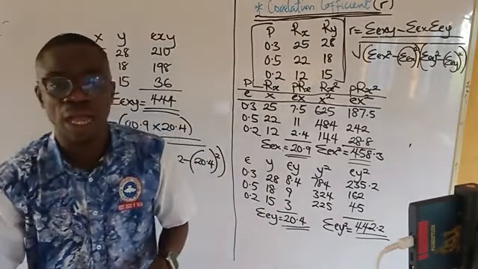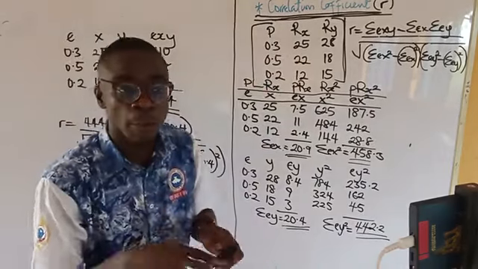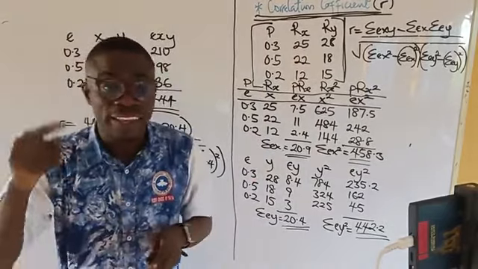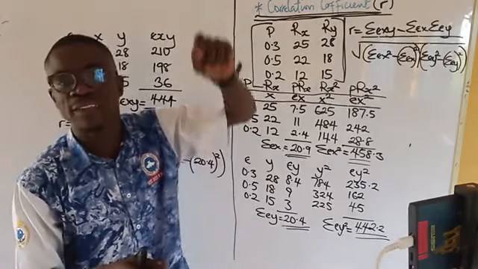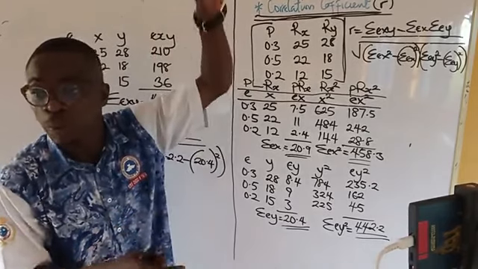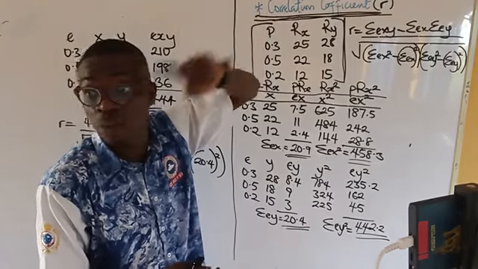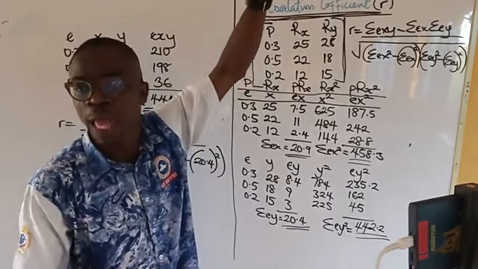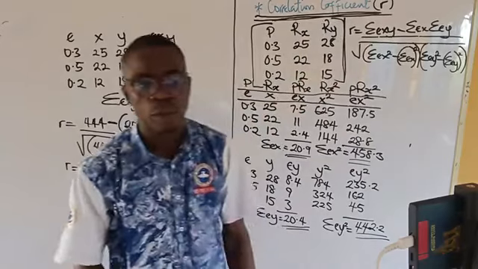But if it is -1, they are moving in an opposite direction. That is, -1 means perfect negative correlation. If the price of X goes up, Y will come down.